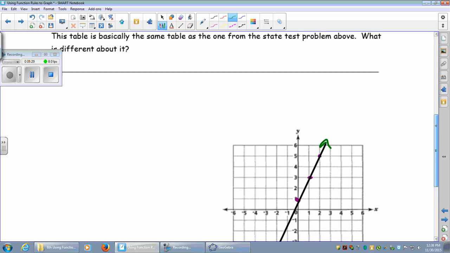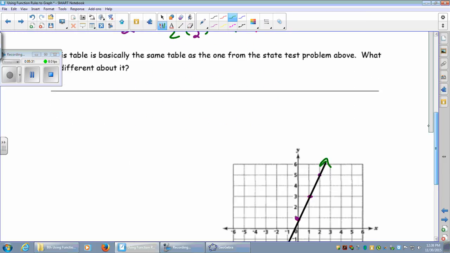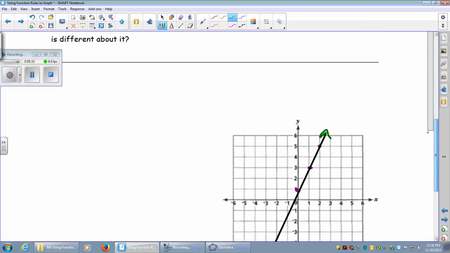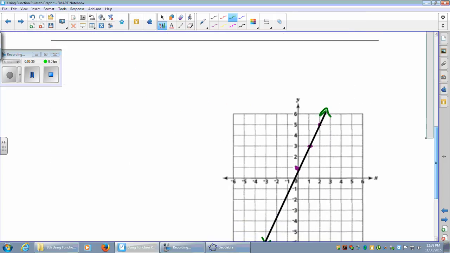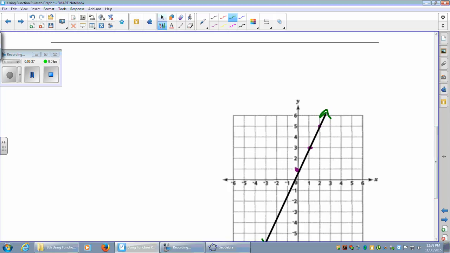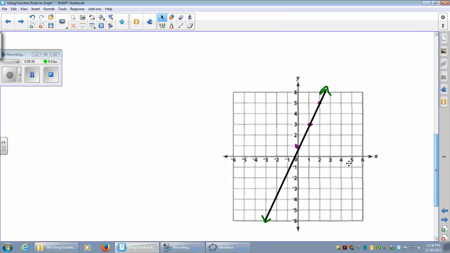Now, one thing I wanted to point out before we move on is if I used a different coordinate, such as -1, let's see what would have happened up in my table.